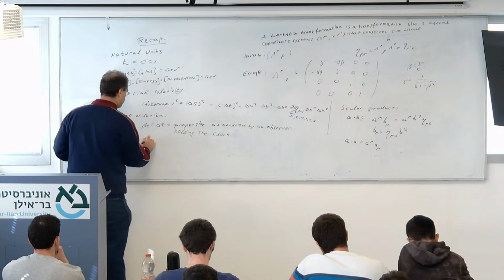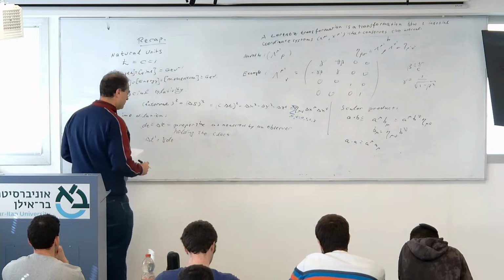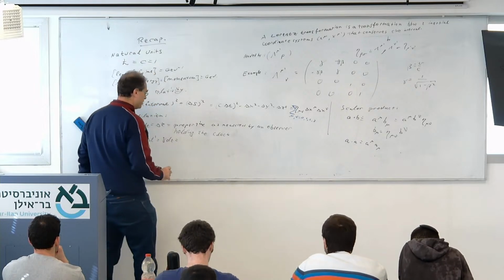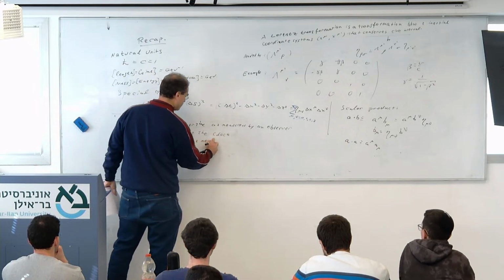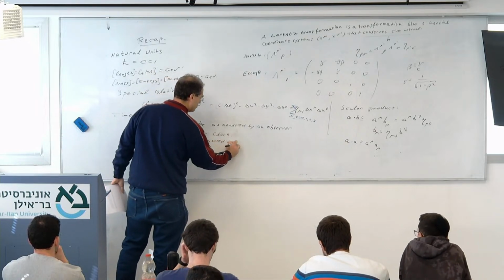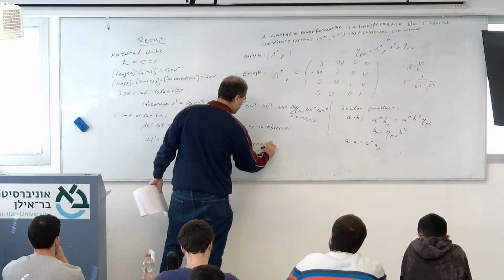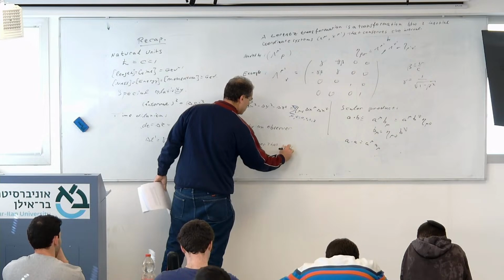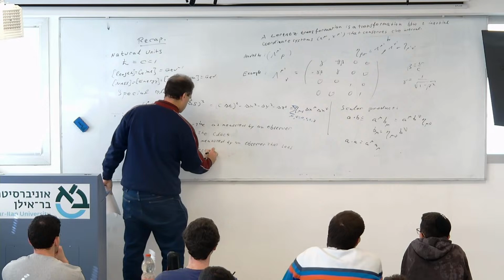And delta t prime is gamma delta t. This is the time as measured by an observer that sees the clock moving.